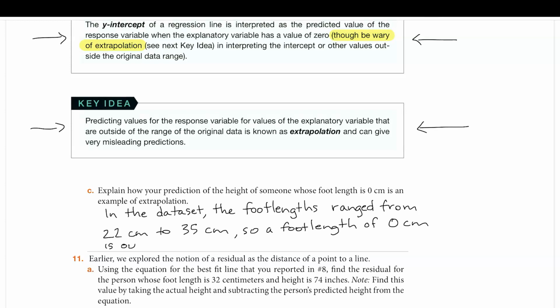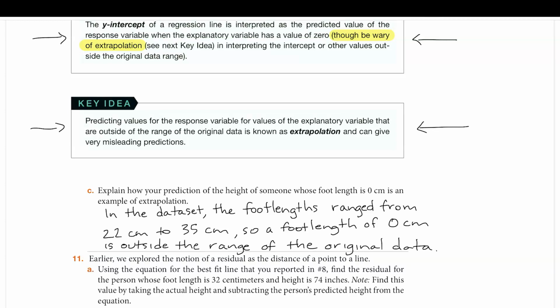So a foot length of 0 is outside the range of the original data, and that's what makes it extrapolation. Maybe nobody in the data set had a foot length of, say, 25.7 centimeters.